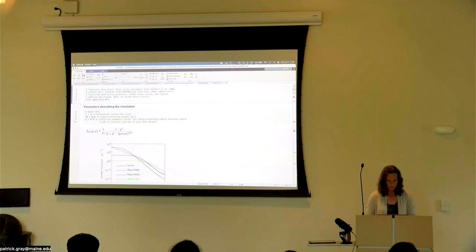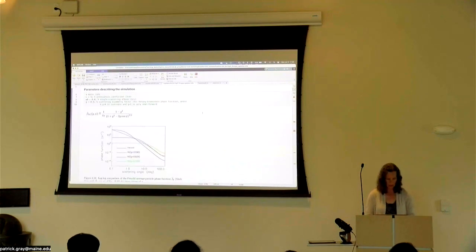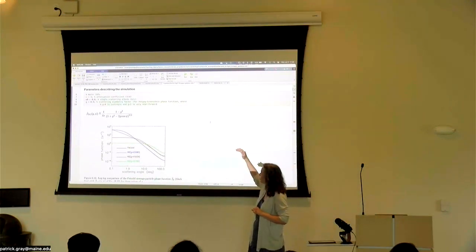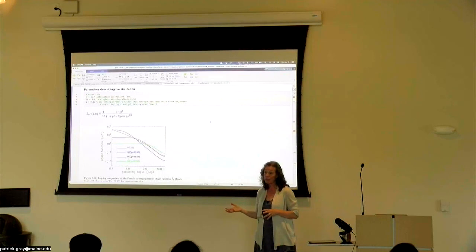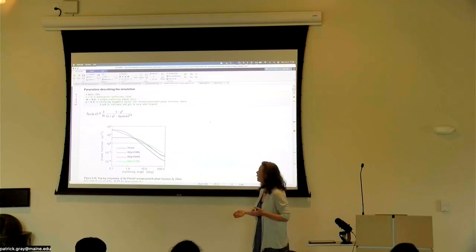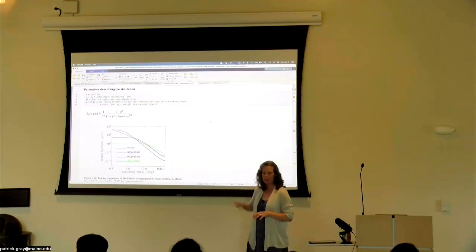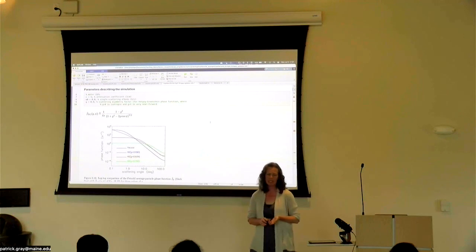Okay. So the way that the IOPs are set up in this simulation, we have a beam attenuation coefficient, and then we have the single scattering albedo, so b/c. A little more condensed than what I was using in my earlier ones. And then they've modeled the volume scattering function using a Henyey-Greenstein phase function.